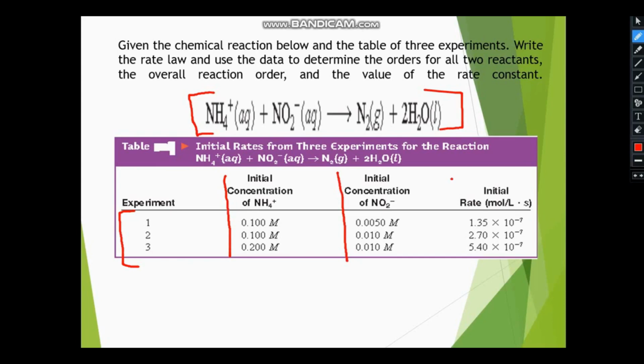Then the last values are the initial rates for the 3 experiments. So for us to determine the orders of each reactant, we first need to write the rate law. So let's write the rate law for this question.